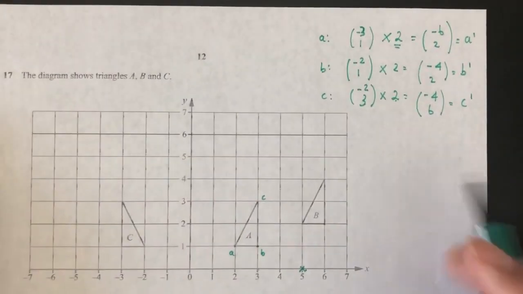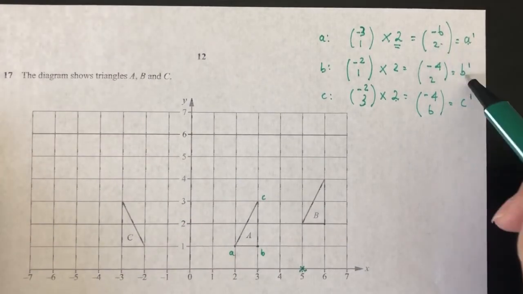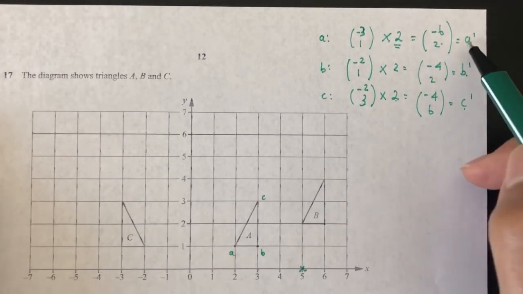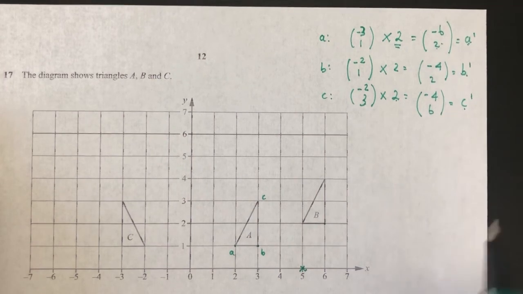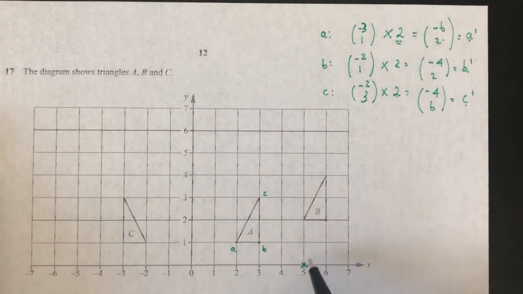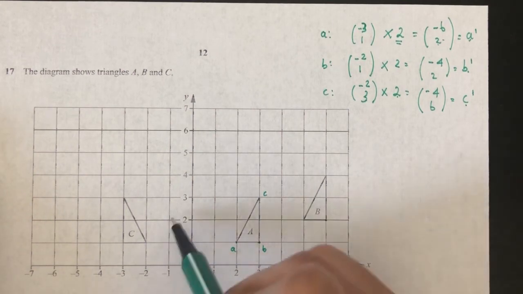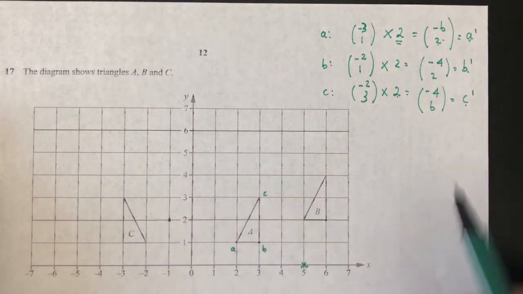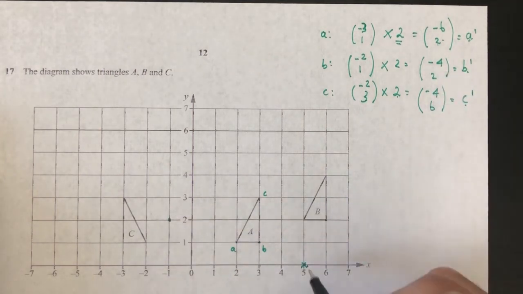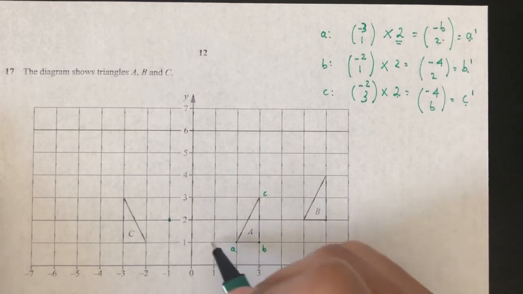So now let's map the points A dash, B dash, and C dash. A dash is (-6, 2) from this center. So -6 will be 1, 2, 3, 4, 5, 6, and then 2 will be 1, 2, here. That's the first point. And then (-4, 2): 1, 2, 3, 4, and 1, 2.